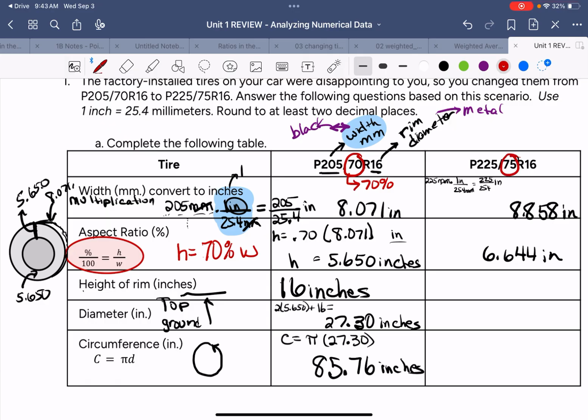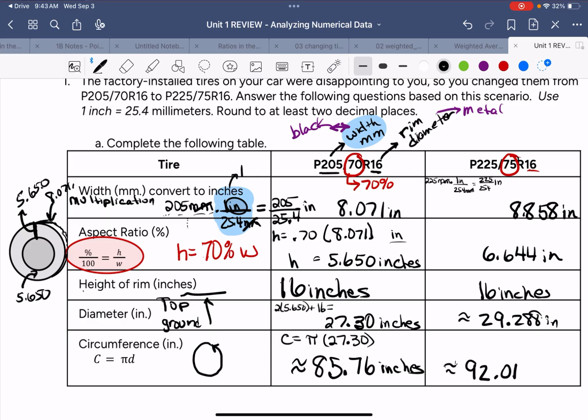Okay, my height of my rim is 16 inches. So my diameter is 2 of the tire plus 1 of the rim, approximately 29.288 inches times pi is approximately 92.01.